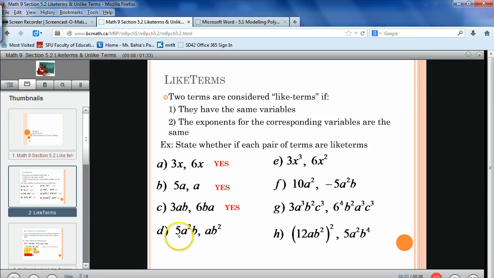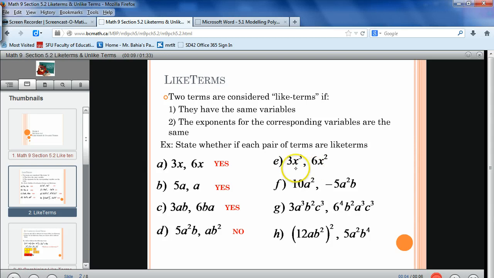Okay, now here you've got a squared b and a and then b squared. Their exponents are different. You gotta have the same exponents. a needs to be squared and b has to have a power of 1, but they don't. They're the exact opposite. So these are not like terms.